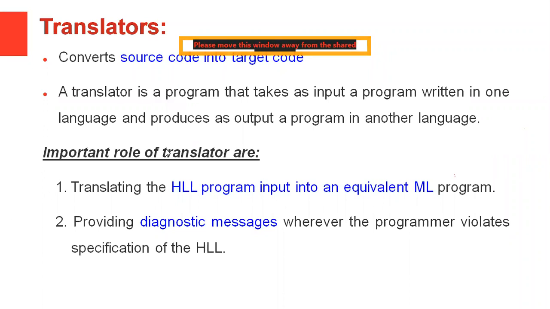These two are the important roles of a translator: translating a high level language program input into machine level language code, and providing error messages, notifying the programmer if any specification is violated in writing the high level language.